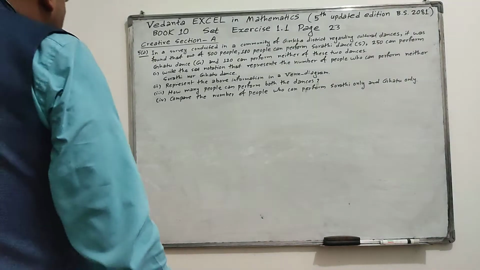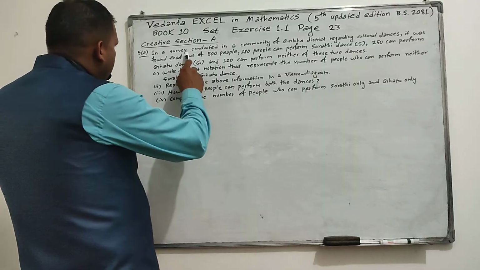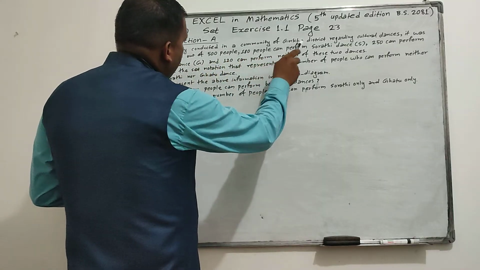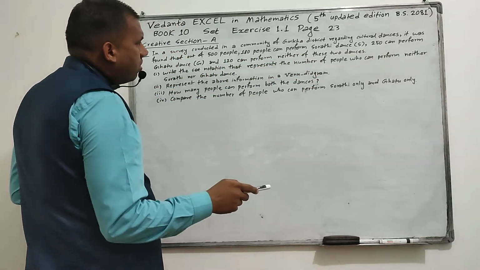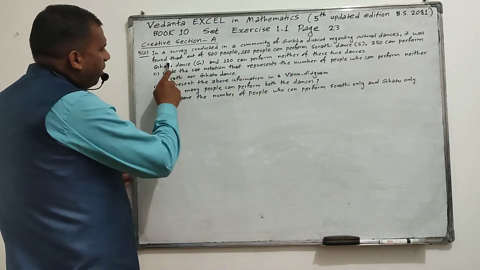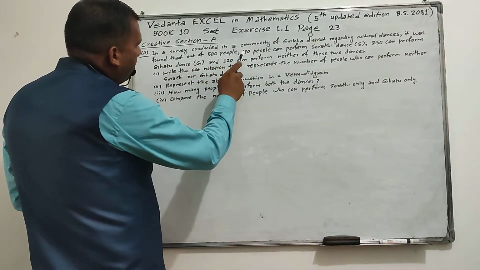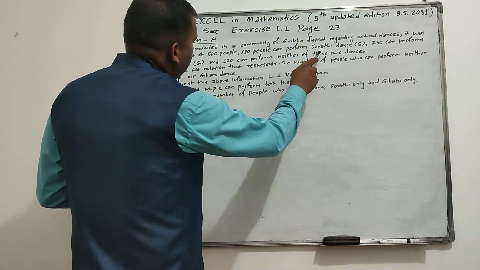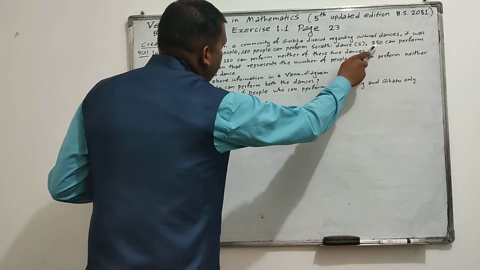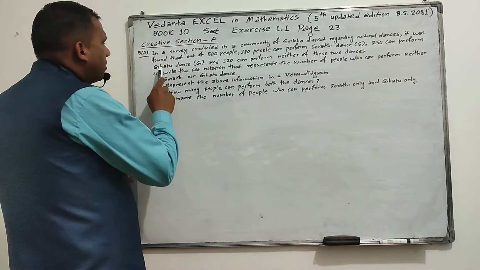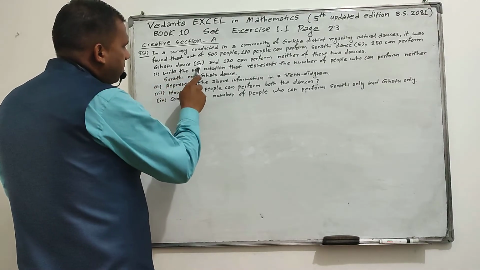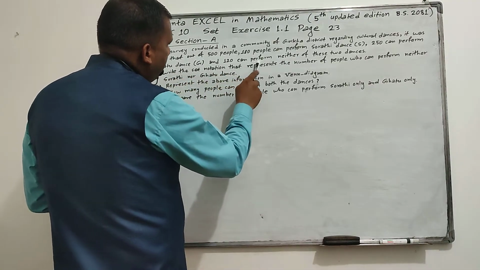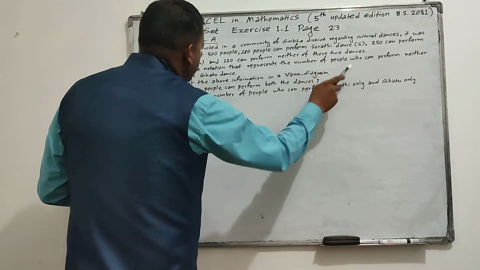Now question 5A. In a survey conducted in a community of Gorkha district regarding cultural dances, it was found that out of 500 people, 180 people can perform Surati dance, 250 can perform Gatu dance G, and 120 can perform neither of these two dances.